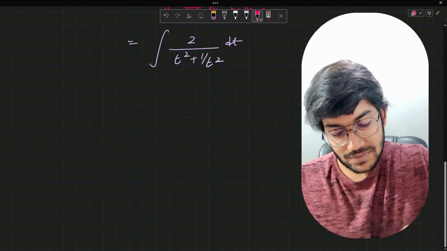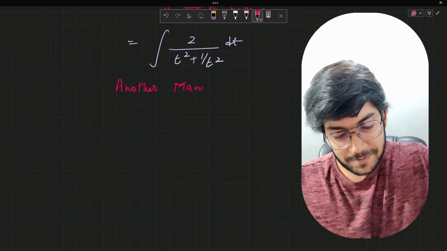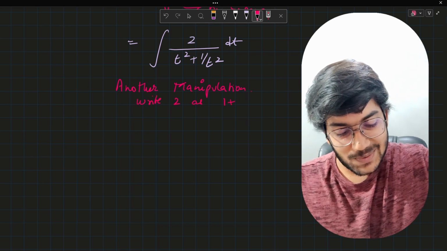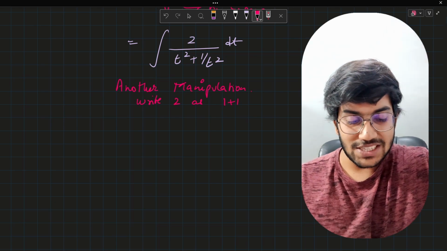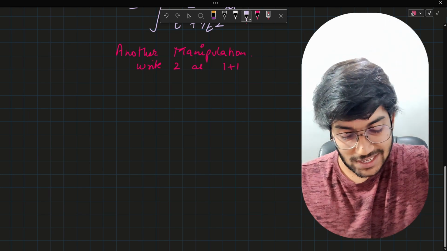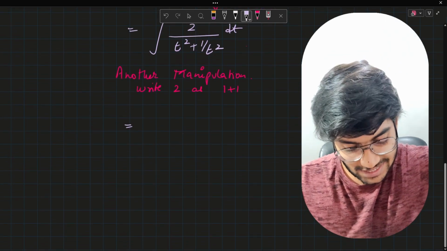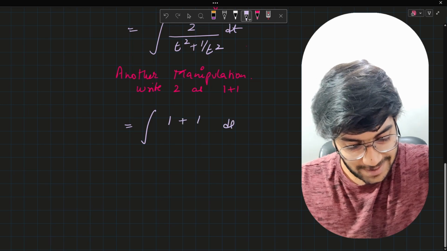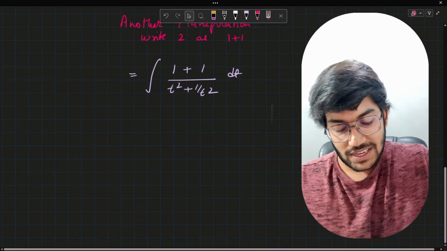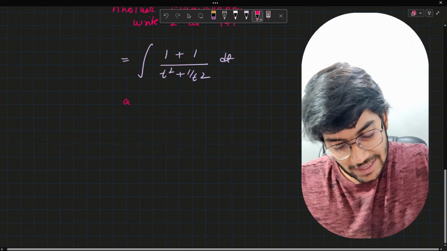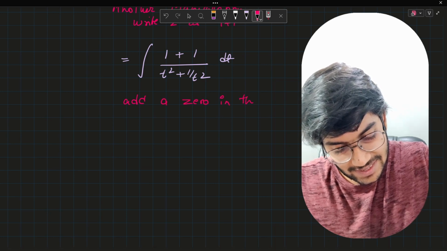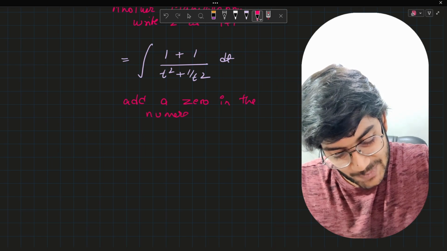Another manipulation: write 2 as 1 plus 1. It might seem weird if you are watching this for the very first time, but it actually makes our job easier. So this gives us integral of 1 plus 1 dt by t square plus 1 over t square. Now add a 0 in the numerator.